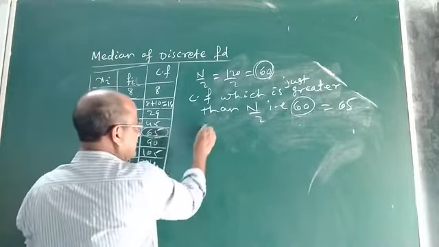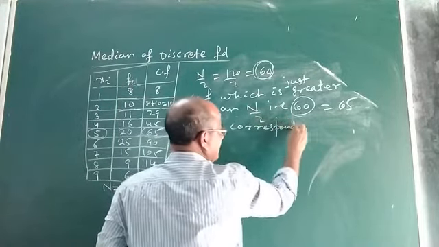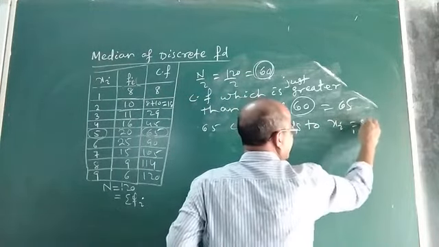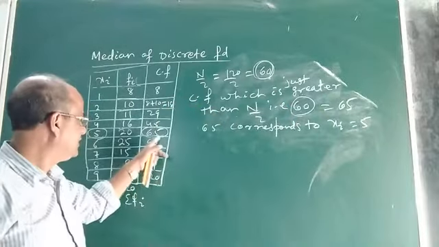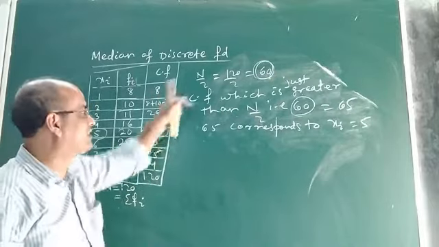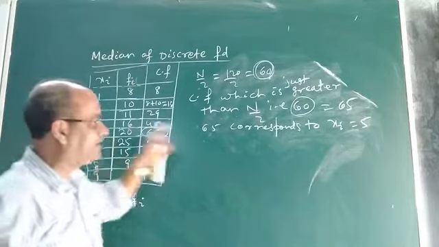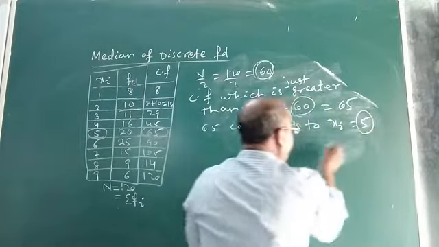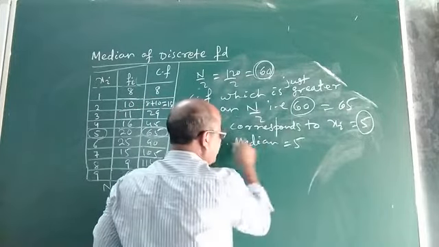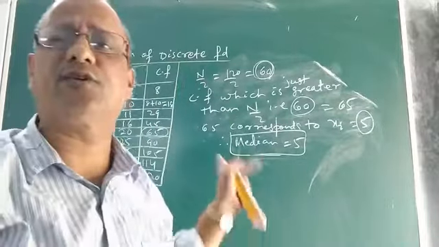That means 65 corresponds to xi equal to 5. So this will be the required median. Therefore, the median will be 5. So the median of this discrete frequency distribution is equal to 5.